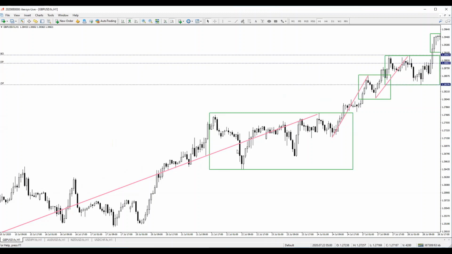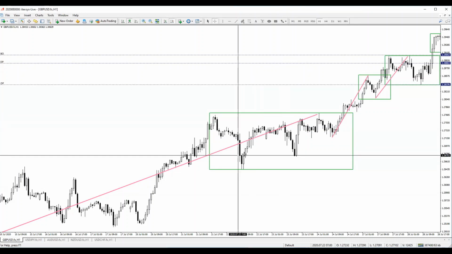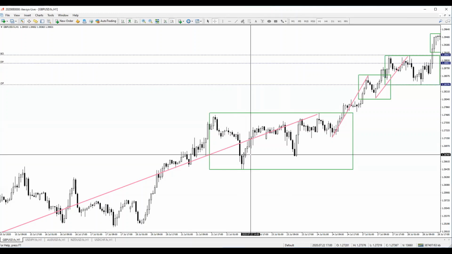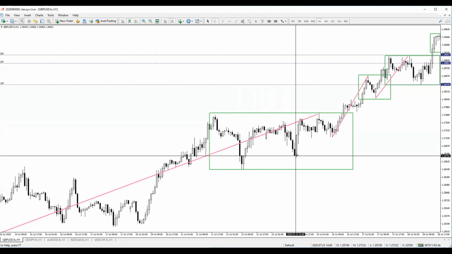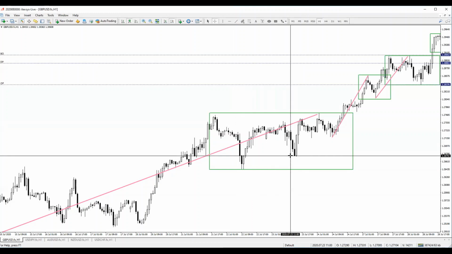The theory speaks about that when price returns to a decision point, like we see here, that demand zone is already being taken, and we can consider it as no demand in this situation anymore.